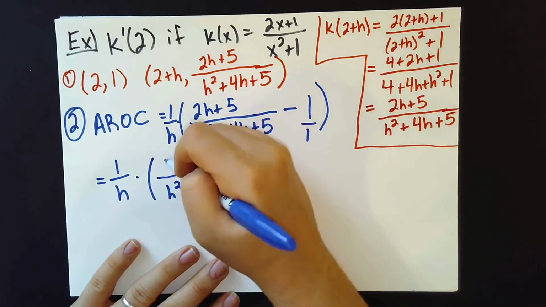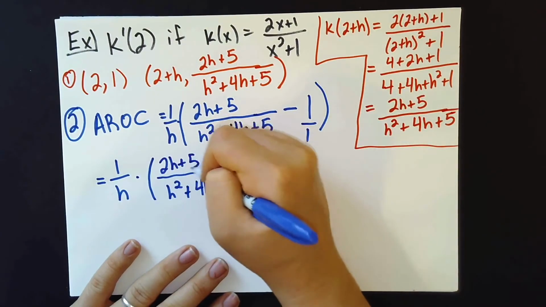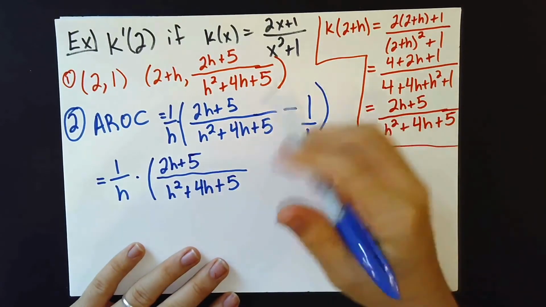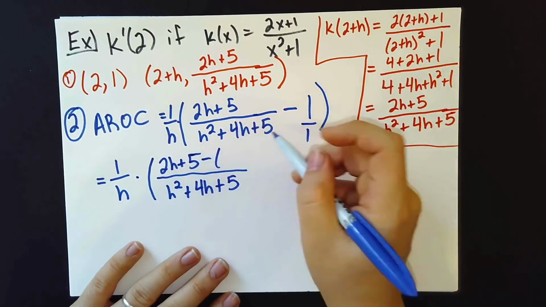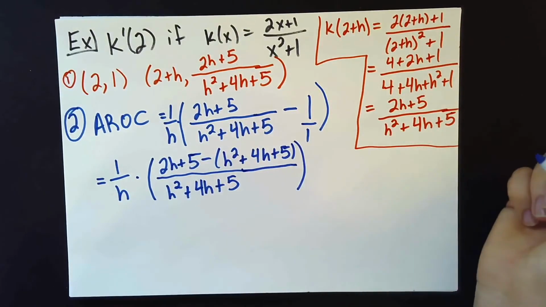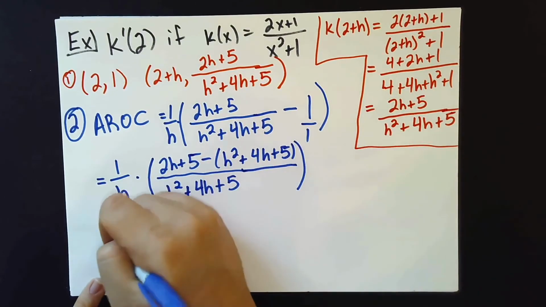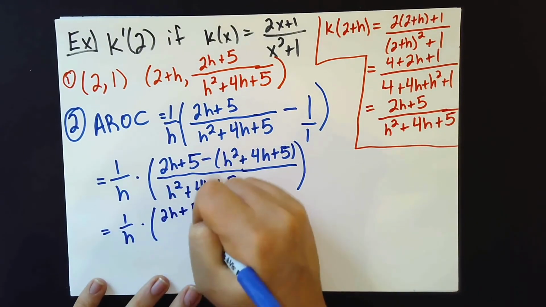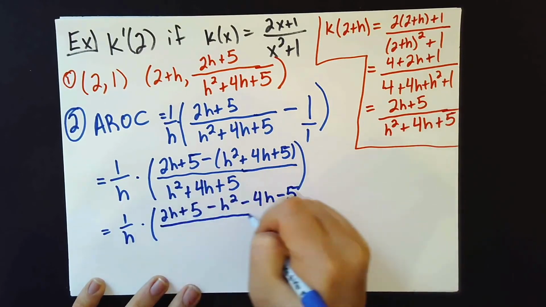So then I'm going to have a 2h plus 5, that part's just fine, it gets multiplied by 1, minus, and then this 1 needs to be multiplied by this whole thing. Okay, we'll distribute that minus sign.